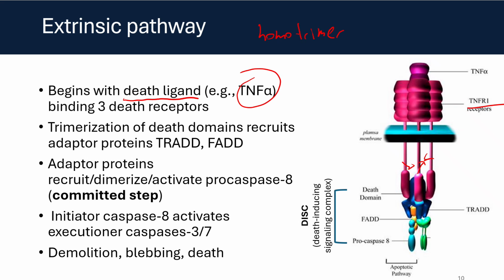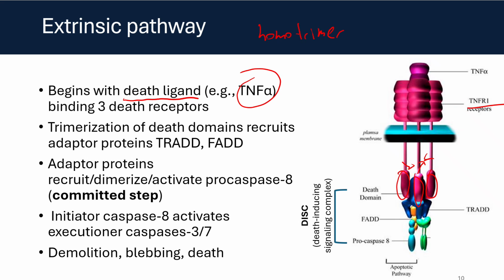The receptors and their associated cytoplasmic domains don't really do anything until they come together in groups of 3. And when they do, these regions over here, called death domains, will combine and change conformation. These new activated conformations now have binding affinity for certain adapter proteins.